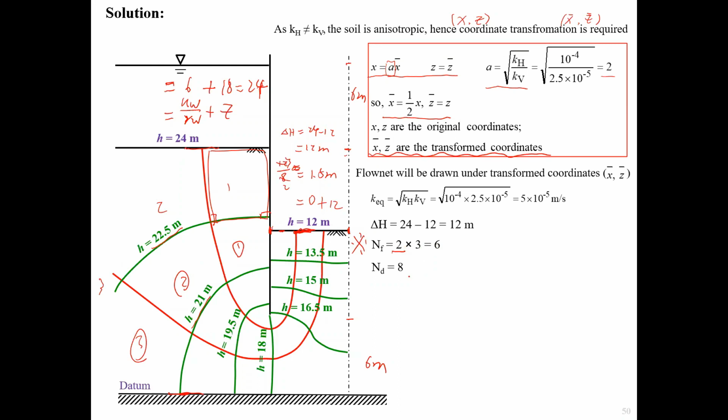The number of head drops is 8. So we put the values into the Q formula. That's the value for the seepage, because we know the KEQ, NF, ND, and delta H. So this is the answer: left hand side, that's the answer for the first question, and that's for the second question.